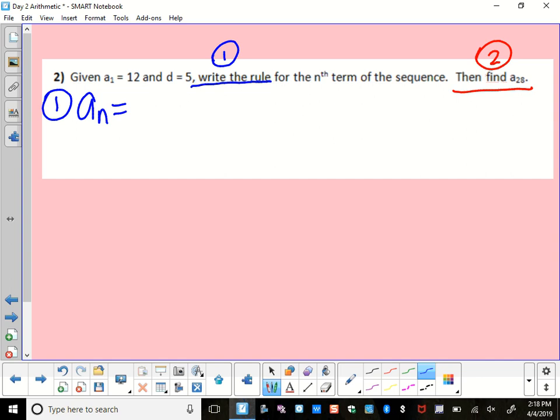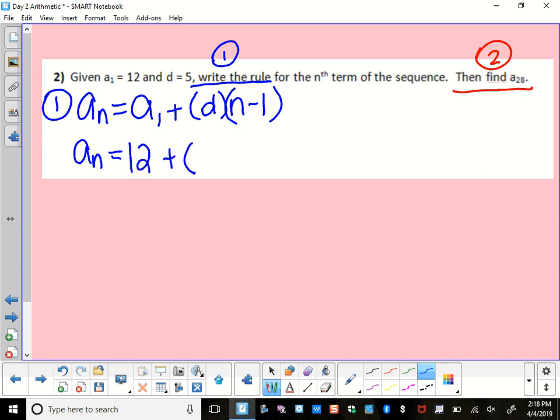Here's my explicit formula. Okay, we'll write that formula a lot today. I'm just writing a rule, so I'm not plugging in a number for my n. What's my first term? 12. Plus, what's my difference? 5 times n minus 1.